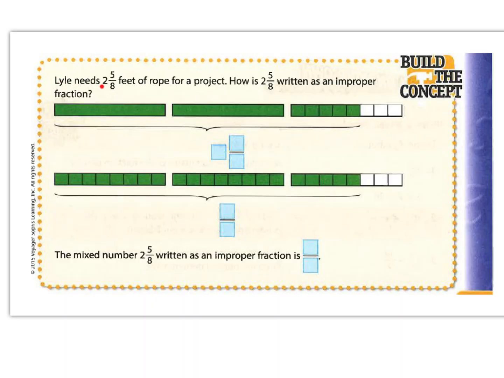Okay, this says Lyle needs 2 5/8 feet of rope for a project. How is 2 5/8 written as an improper fraction? Well, let's see it as a mixed number first. So we have 2 wholes, so we write 2, and then 1, 2, 3, 4, 5 out of 1, 2, 3, 4, 5, 6, 7, 8. 2 5/8.